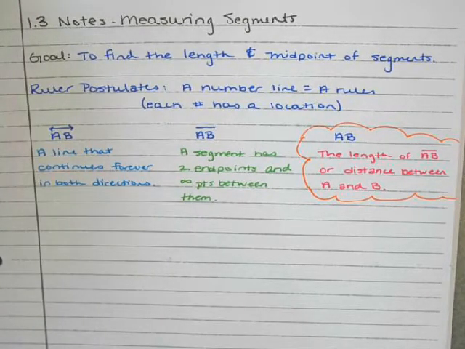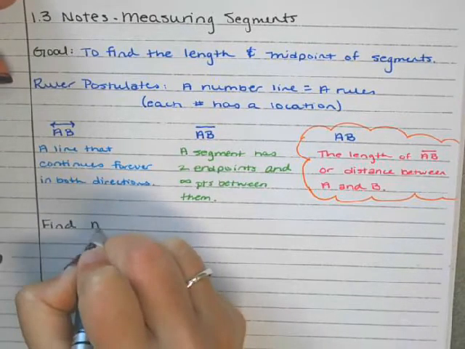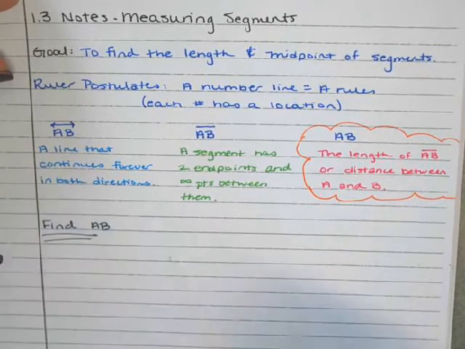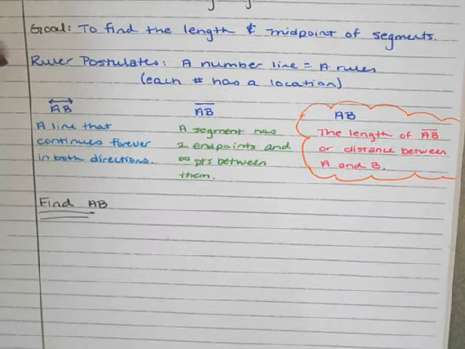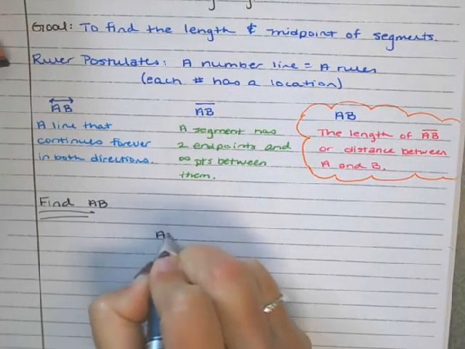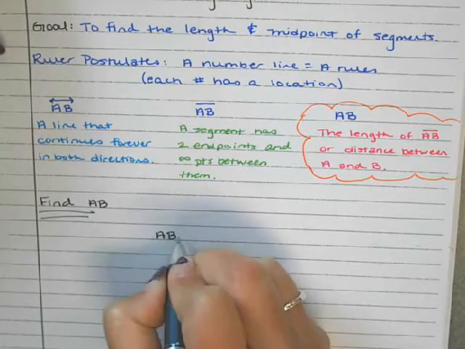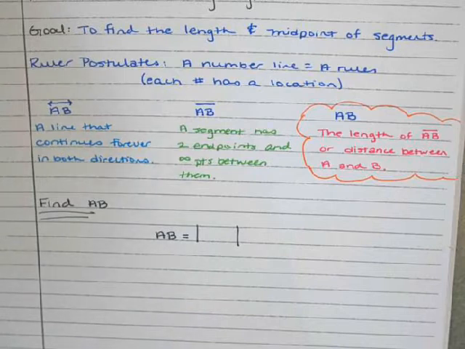So our first problem today, or I guess we're going to talk first about how to actually find AB. So how are we going to find it? There is a formula to calculate the distance between A and B, or the length of segment AB. That's going to be equal to, does anyone remember what these bars are called?